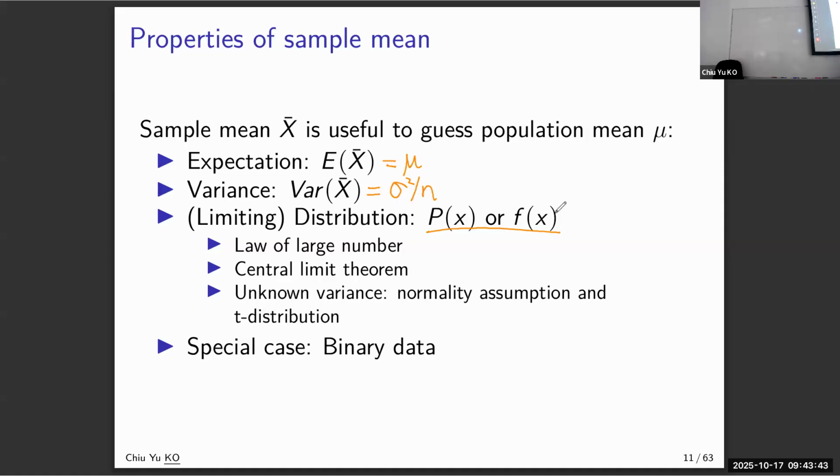You want to know the range they'd pay, and you don't know in the population how many people want to pay. Maybe a lot of people want to pay a very high price, and maybe many people don't want to pay it. I don't know what the shape might be. But if you are able to collect a lot of samples, then it must follow a bell curve, right?